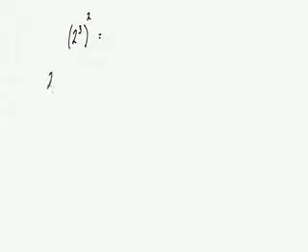So that will be 2 to the power of 3 times 2 to the power of 3. Now when we do this, we know we add the powers. So we get 2 to the power of 6.